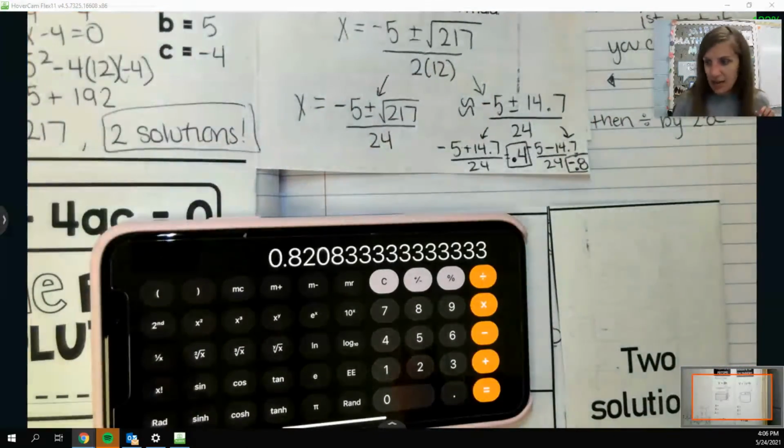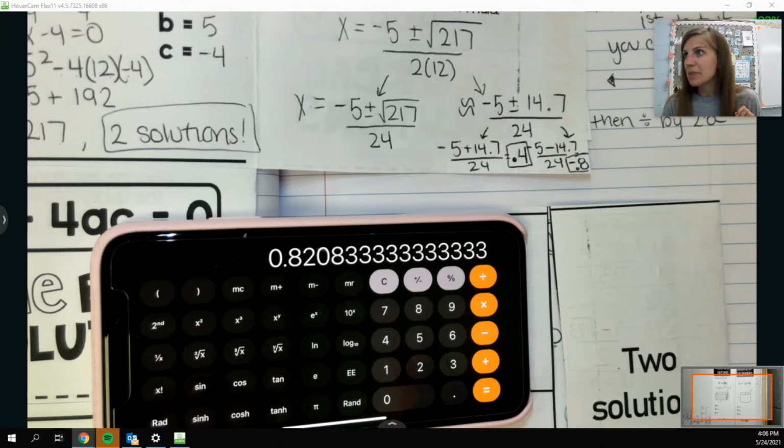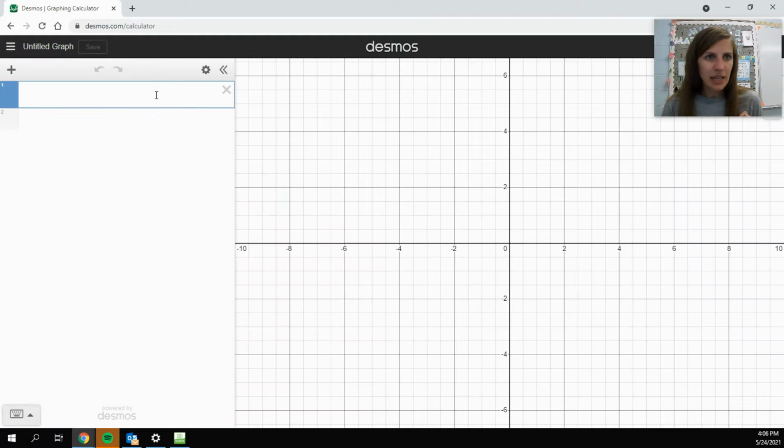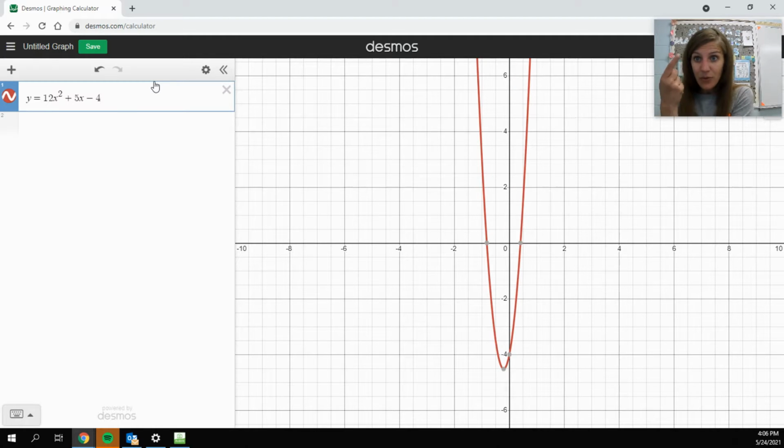Now here's the crazy thing that I want to show you real quick. I'm going to pop up a Desmos here. If I go to the graphing calculator and type in the standard form equation that I started with, which was y equals 12x squared plus 5x minus 4, because I had to bring that 4 over, and I look at my x-intercepts, we should get one at negative 0.8.